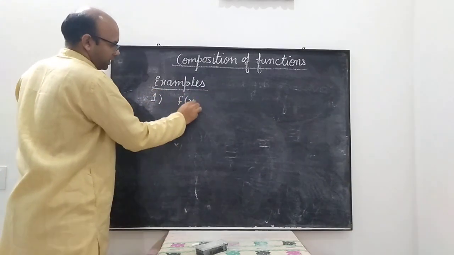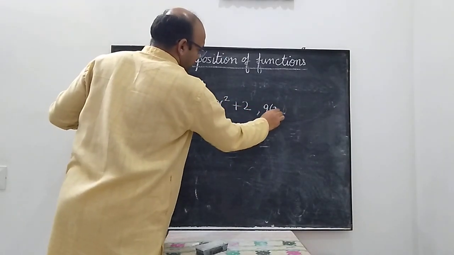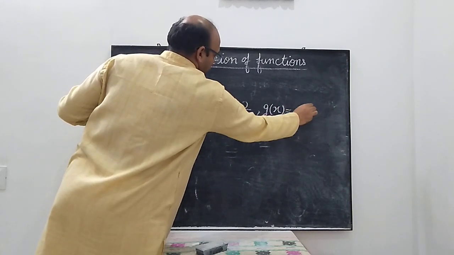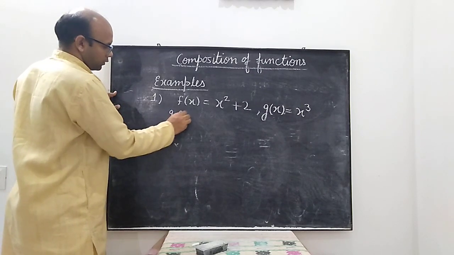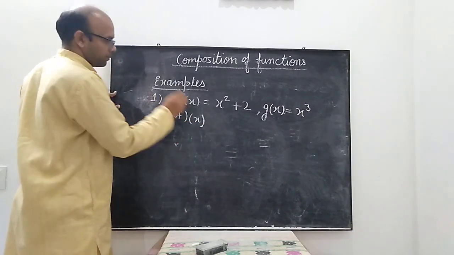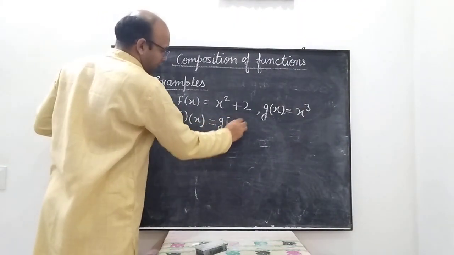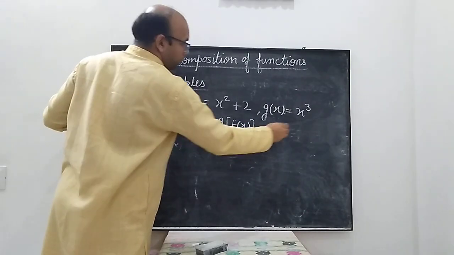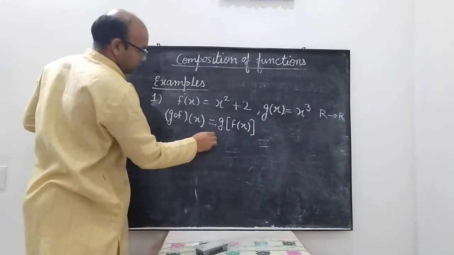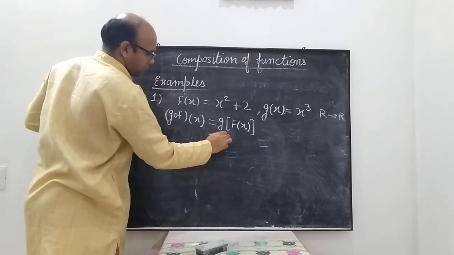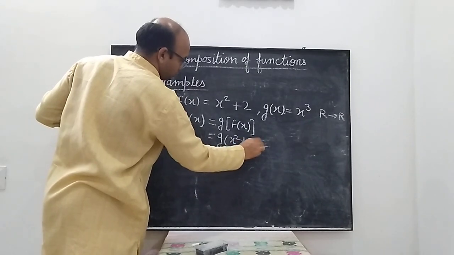If you define fx as x square plus 2 and we define gx as x cube, then we can define gof of x as g of fx, and both these functions are defined from R to R. Then g of fx will be g of x square plus 2.